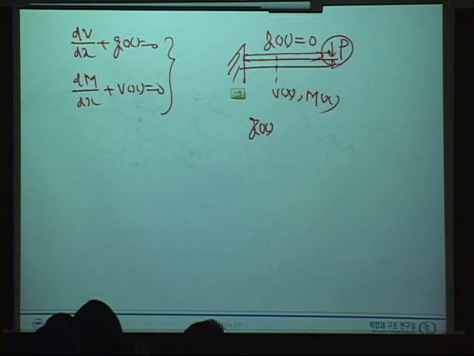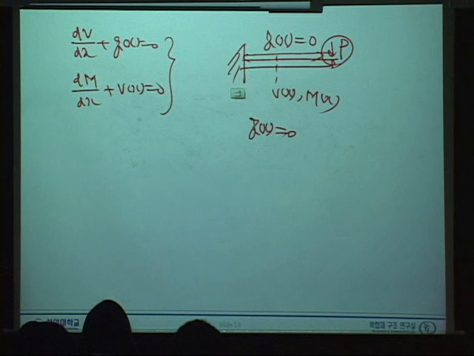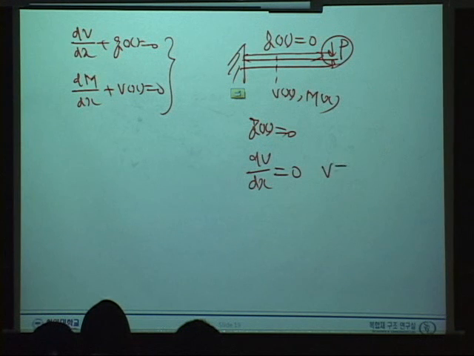Well, this is applied at the end. It is a boundary condition, so do not consider this one as q(x). As you can see here, q(x) is simply 0. If q(x) is 0, then from the first equation, dV/dx equals what? 0. Which means that V equals a constant.